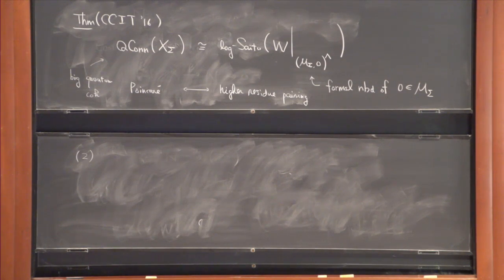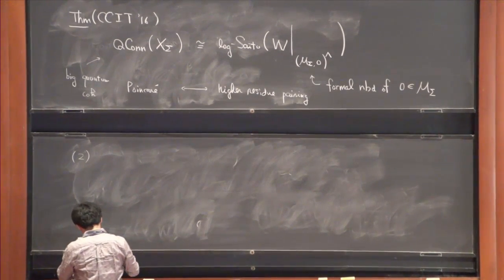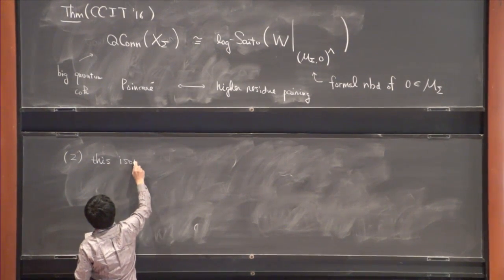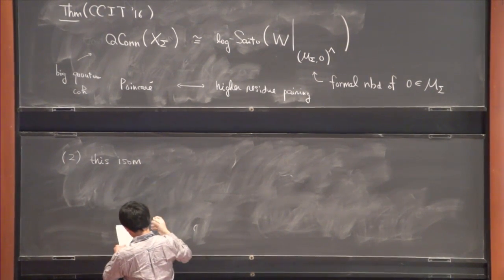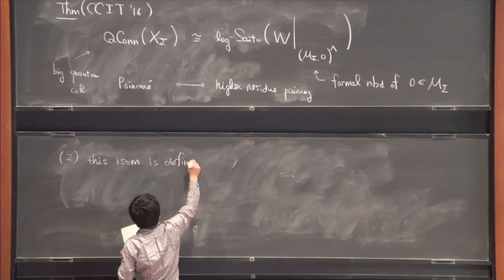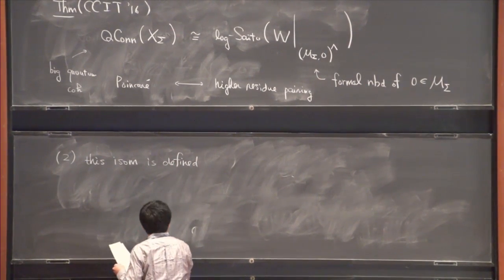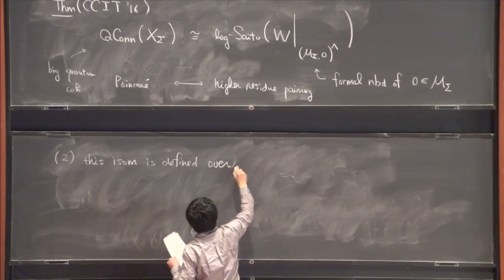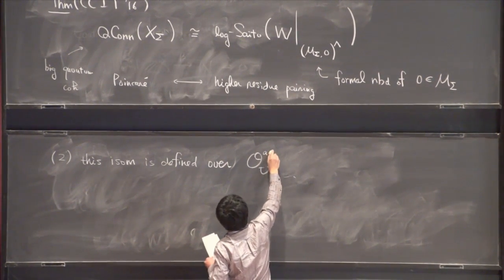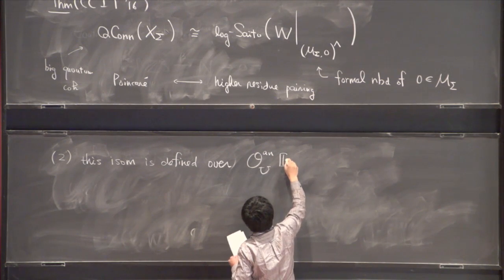And the second statement is that this isomorphism is defined over the following ring.